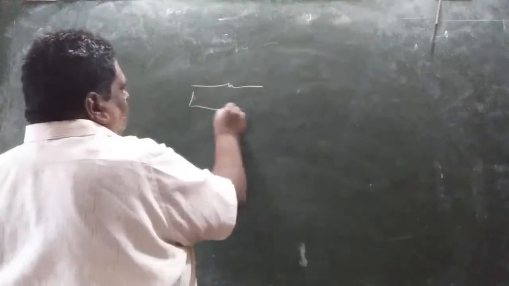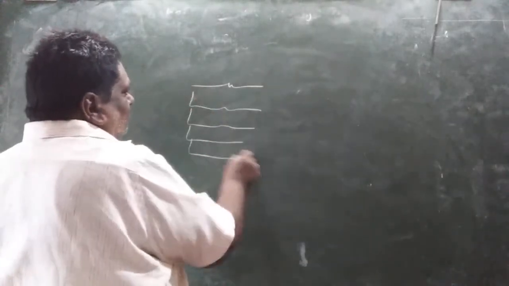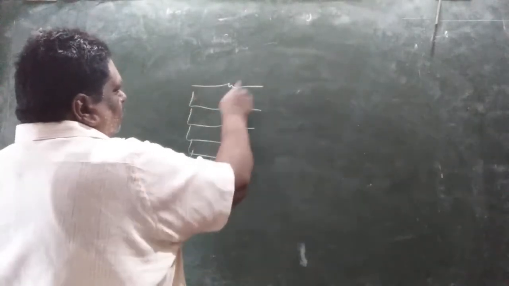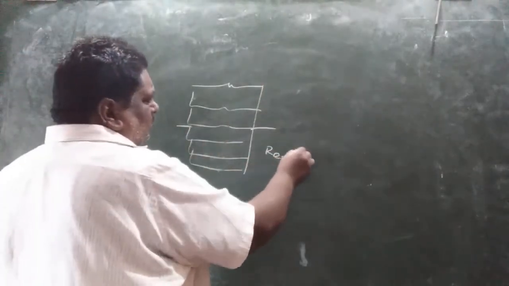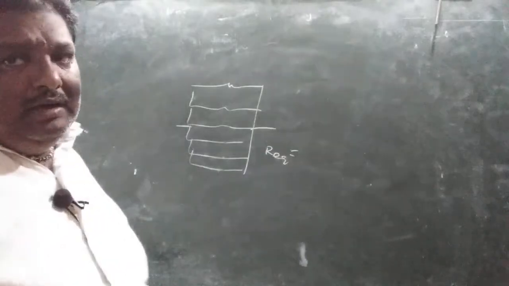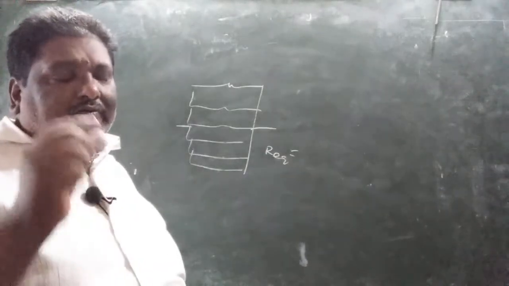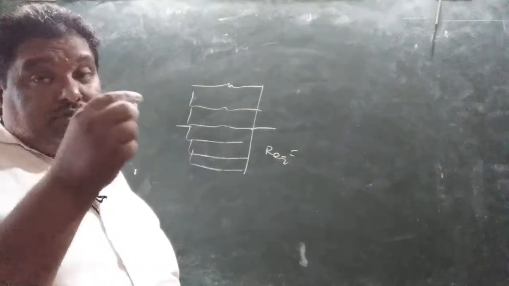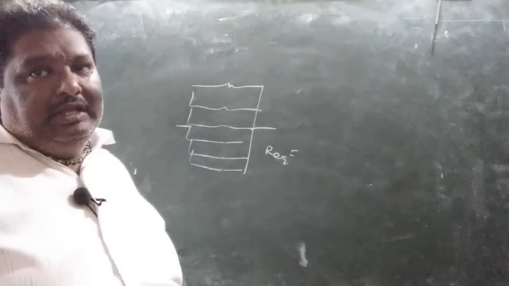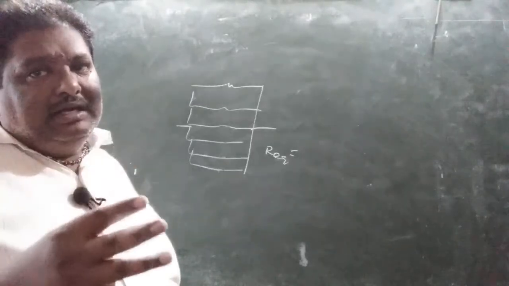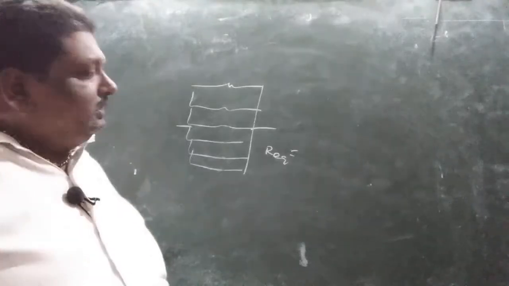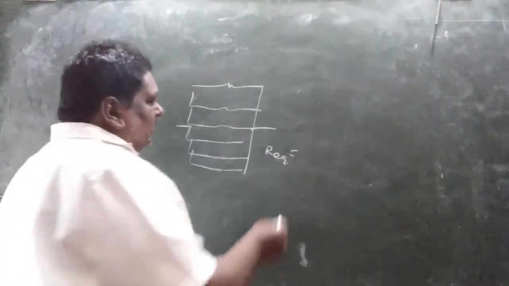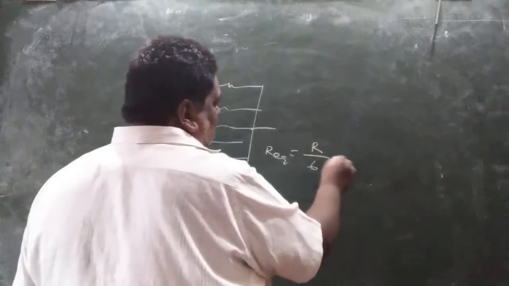So if all 6 resistors are connected in parallel, then you will get the least resistance. For 2 equal resistors in parallel, R equivalent is one of the values by 2. For 3 equal resistors in parallel, R equivalent is one of the resistances by 3. Like that, for 6 resistors in parallel, the equivalent is R by 6.